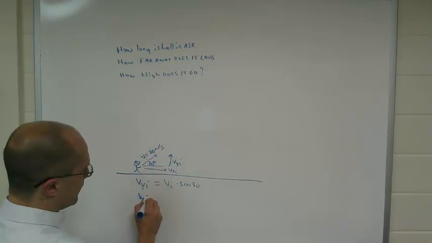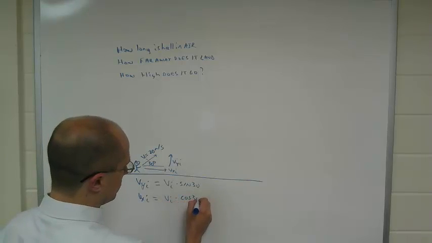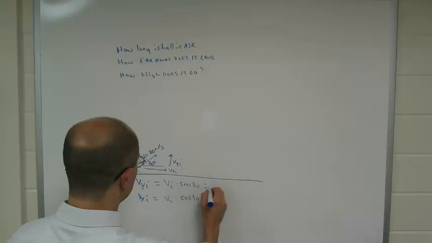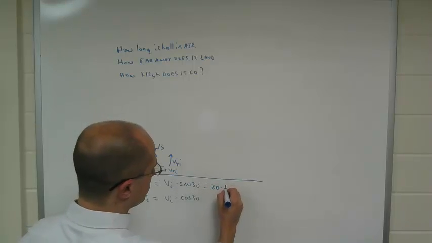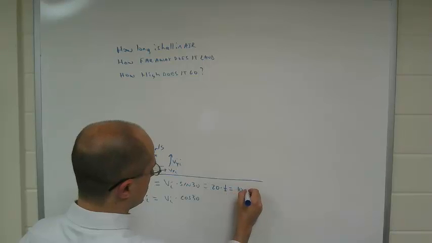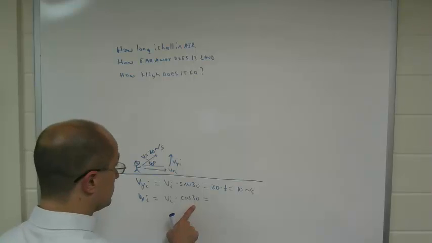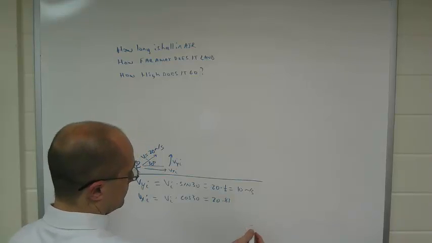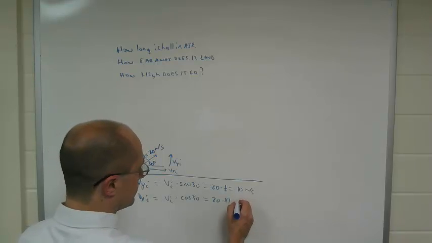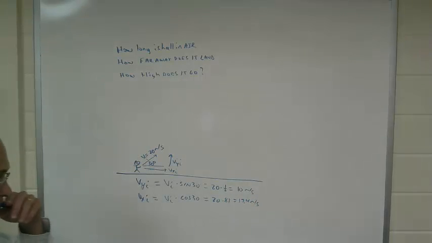And VXI is just VI times the cosine of 30. So when we plug this in, we get 20 times sine of 30, which is a half, so that should be 10 meters per second. The cosine of 30 is 0.87, so 20 times 0.87 is 17.4 meters per second.